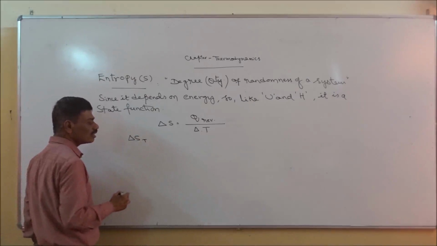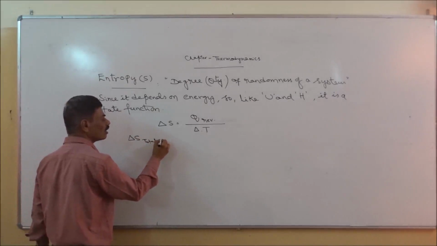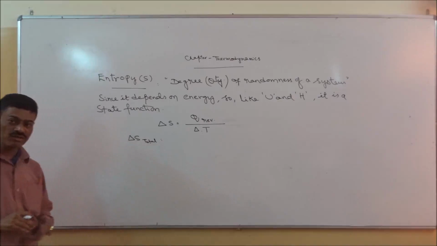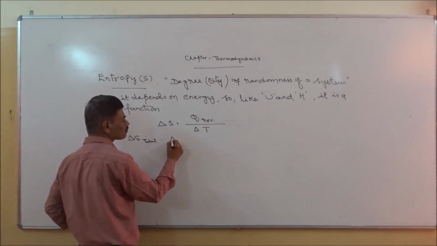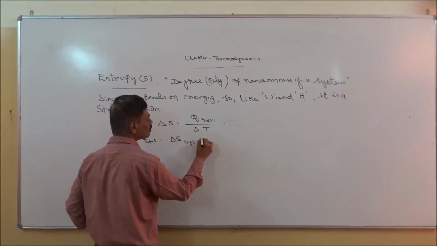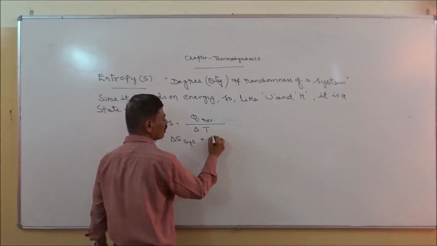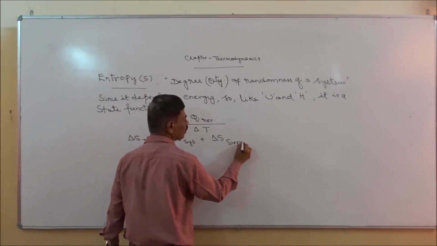In some books, total is written as TOT. So the total change in entropy of the universe is equal to the change in entropy of the system plus the change in entropy of the surrounding.